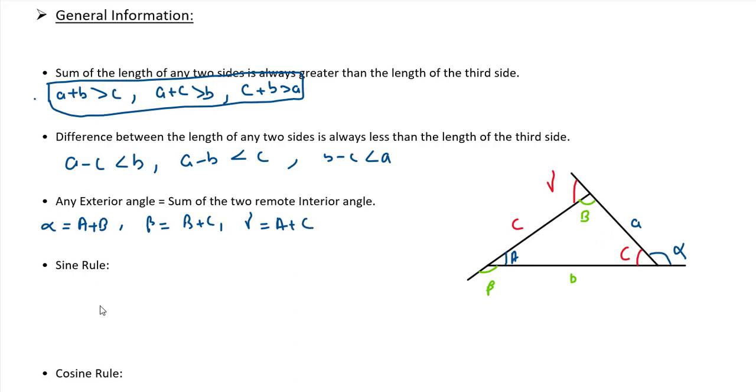Let us see now what is the sine rule. It states that the ratio of the side and the sine of the angle opposite to it will always be equal.